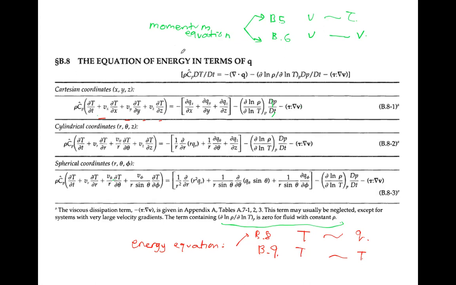The equation of energy in terms of q, and also in terms of the temperature. So this one in terms of q, for example for the Cartesian, rho Cp dou T over dou t equals minus dou qx over dou x, and so on. Then you can change this q with Fourier's law, minus k dou T over dou x. And this is the cylindrical coordinate, and this is the spherical coordinate. Just make sure you know which one to choose.